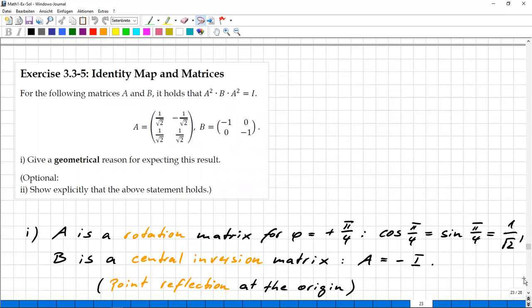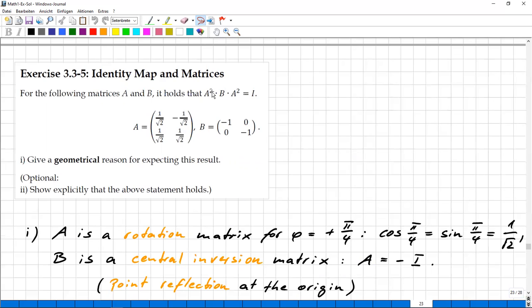And so in this case, it must be the angle of pi fourth, because its cosine is written here, its sine is here, and this is the negative sign of the pi fourth angle. So that is actually a matrix which rotates the whole plane by this angle of pi fourth.